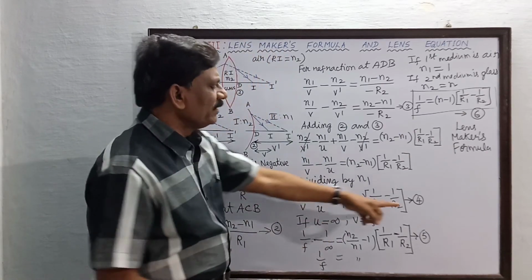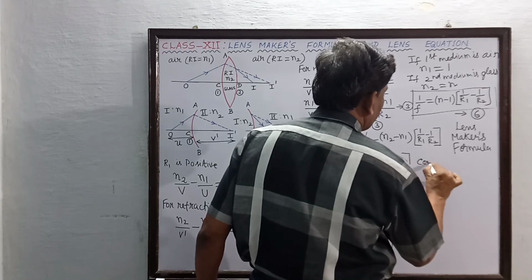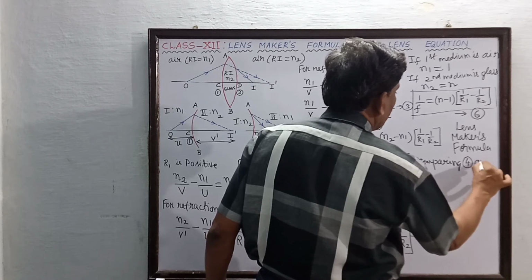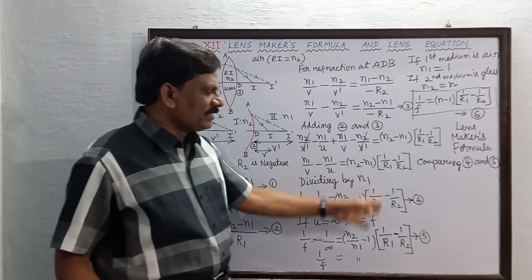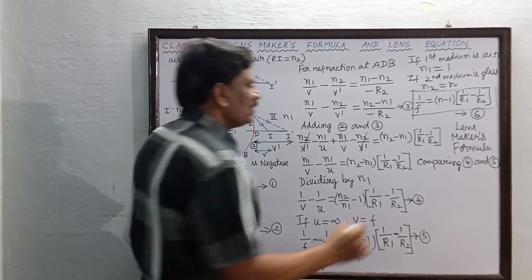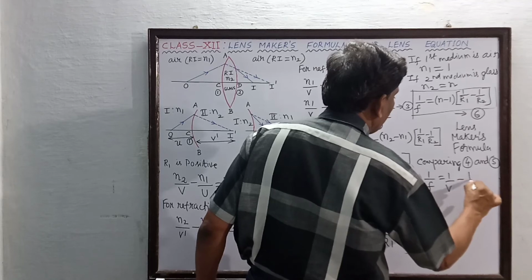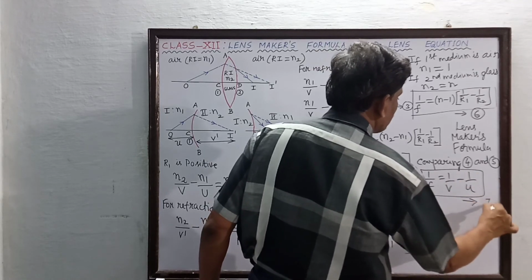Now comparing equations 4 and 5, the left hand sides are the same because the right hand sides are one and the same. So I can write 1 by f is equal to 1 by v minus 1 by u. This is equation 7.